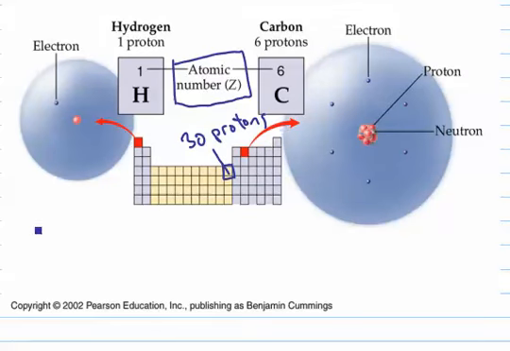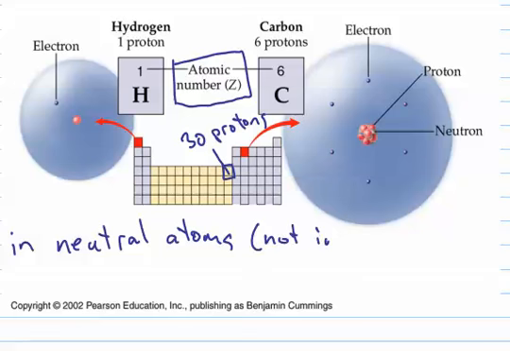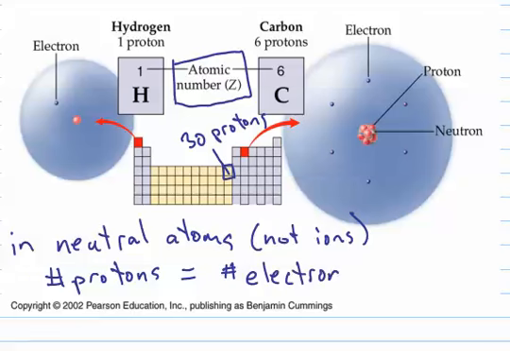Now, importantly, in neutral atoms, that is, those that do not carry a net charge, i.e. not ions, the number of protons, which is given by the atomic number, is always equal to the number of electrons. And as we said, it's the electrons that are important for the chemistry.